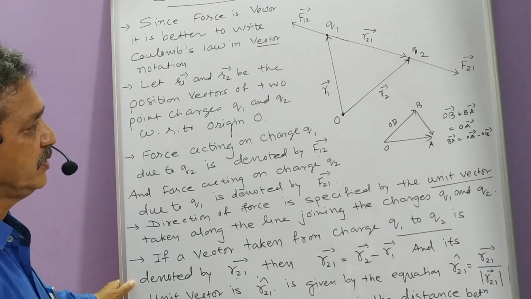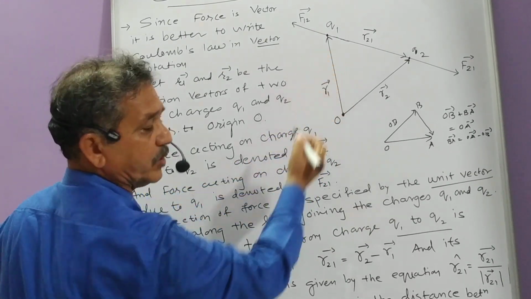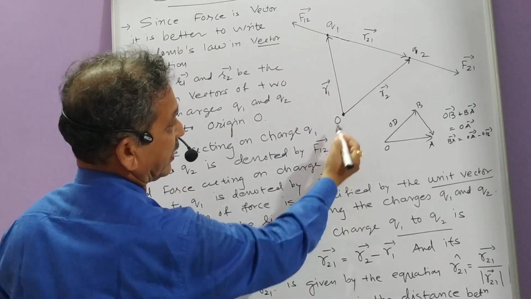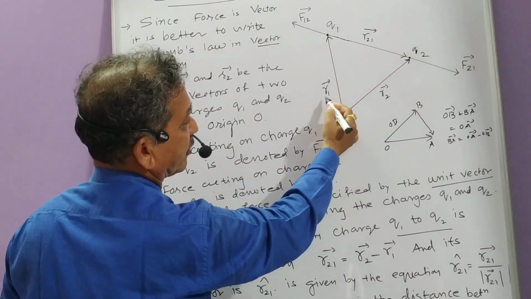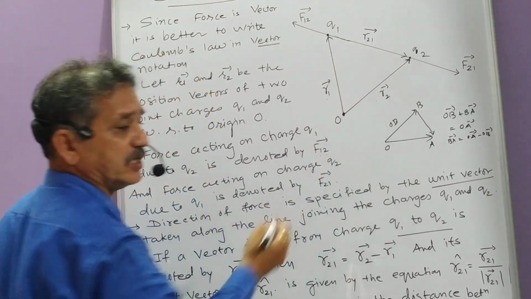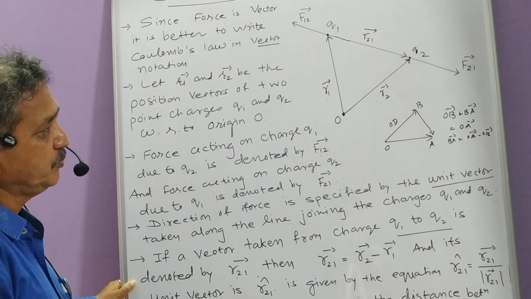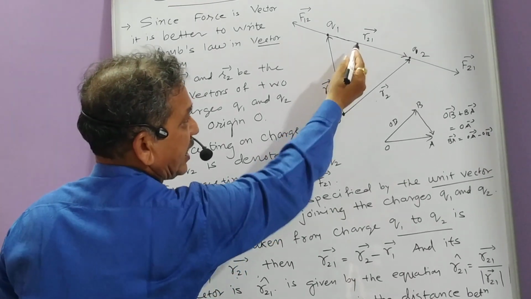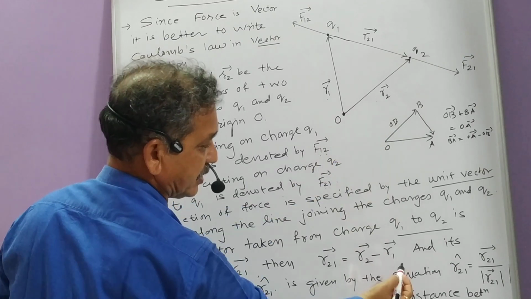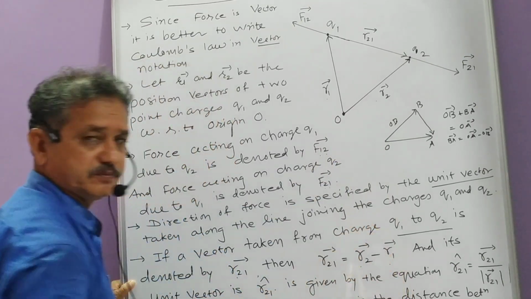In the same way here, this is the vector OQ1, and this is the vector Q1Q2. Taking their sum, you can write vector R1 plus vector R21 is equal to the resulting vector R2. So R1 plus R21 equals R2, and R21 will be equal to R2 minus R1.